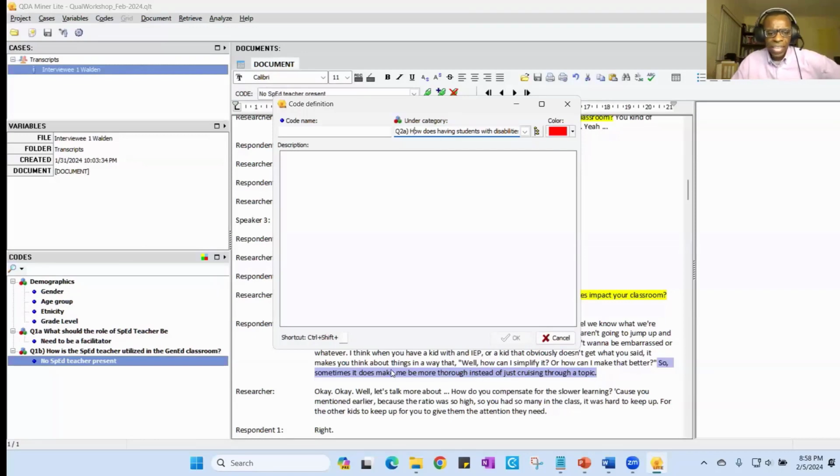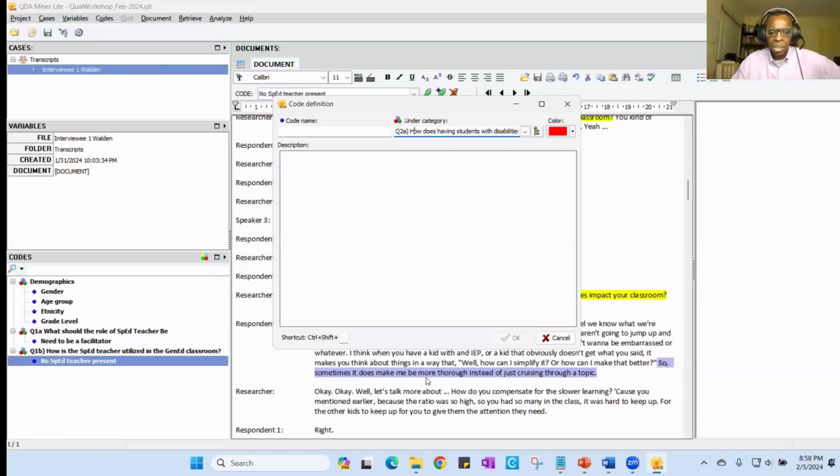And then this one says, sometimes it does make me, let's see, makes me more thorough in delivery. So you've got to think about what the person is really saying so that you can capture it in the theme or in the level one code.